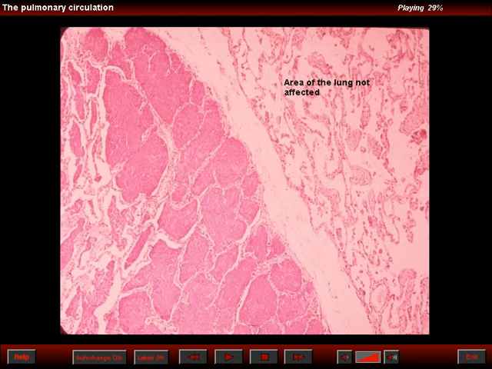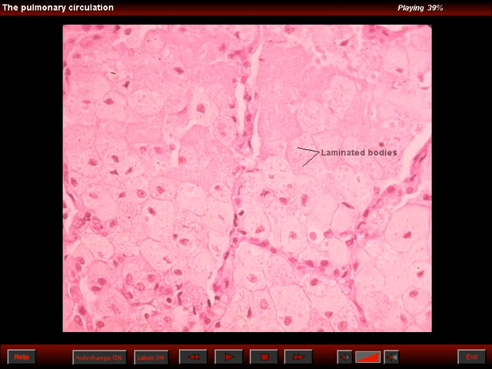In other words, this is not a totally diffuse process. We also note that in some of the histological sections we see rounded dark bodies that represent the laminated structures that originally were misinterpreted as being due to PCP.